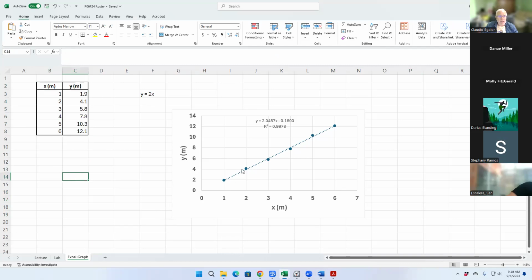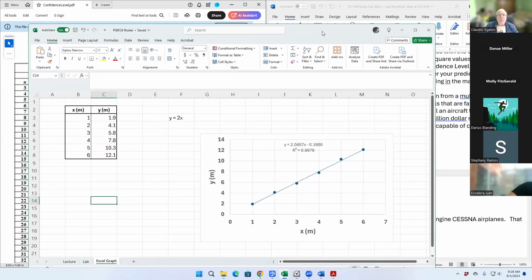You can see that the data points are not 100% aligned with the regression equation. This dotted straight line is a representation of your regression equation. That's the mathematical equation of your dotted line.